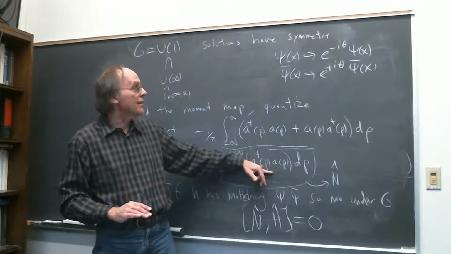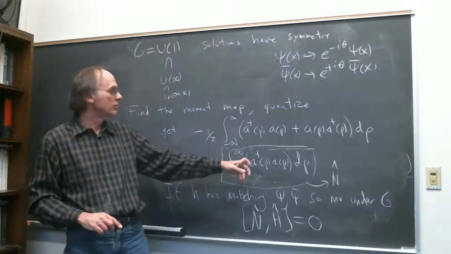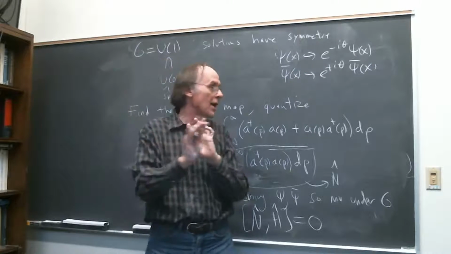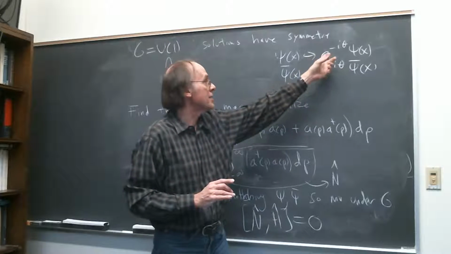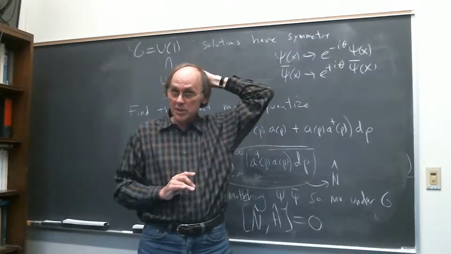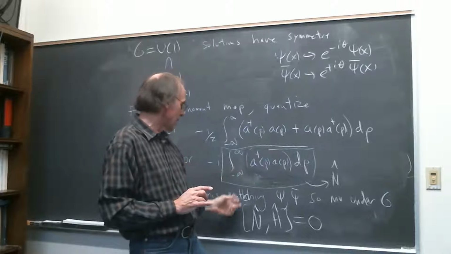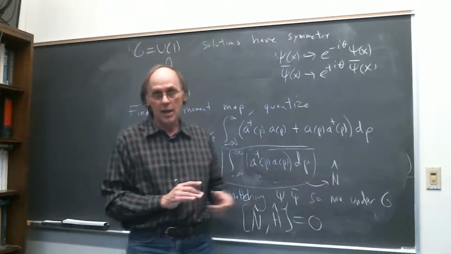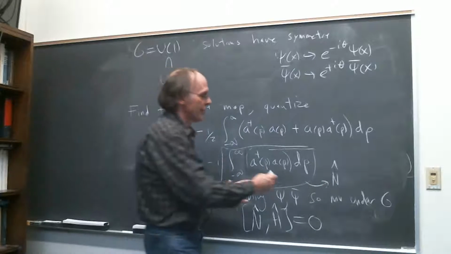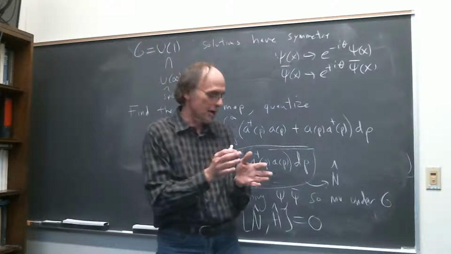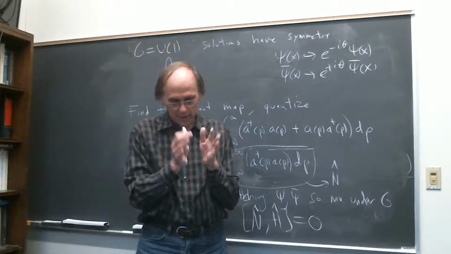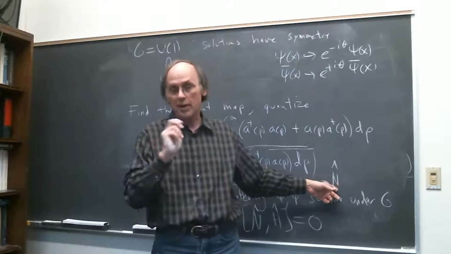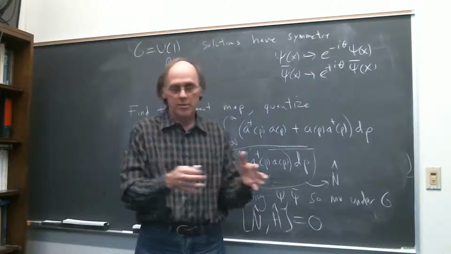And so in any theory in which the Poisson bracket has this structure, invariant under these e^{i theta} transformations, you're going to be able to define this number operator. And if you diagonalize it, you can assign this integer number, which is the representation you get of U(1), to every state.